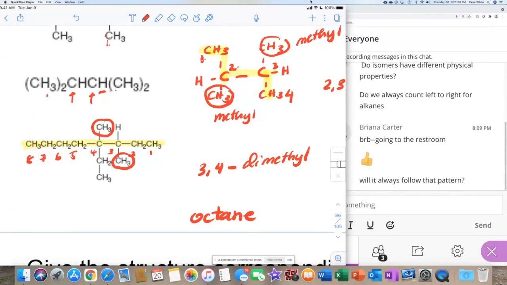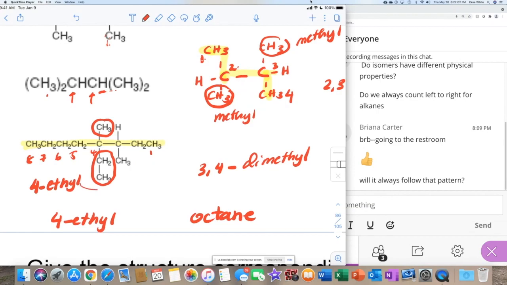What about this one here? This next one has 2 carbons, so it's called ethyl. And it's on carbon 4, so 4-ethyl. Like we just saw, the E comes before M, so you put the 4-ethyl first.